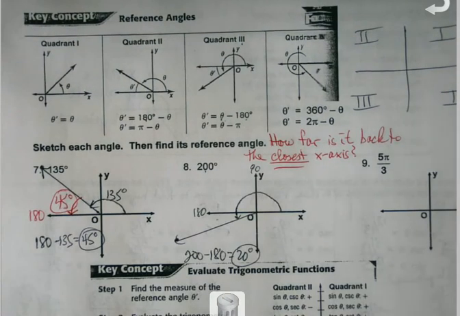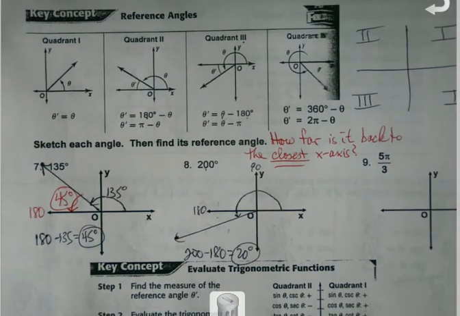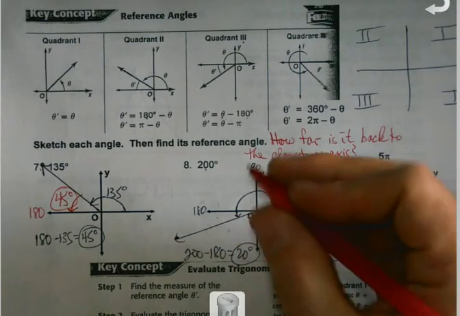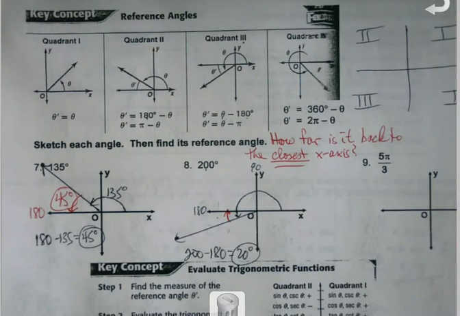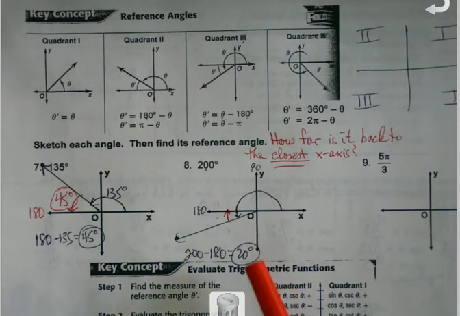And just as I get that extra 20 drawn in, I go, oh, so basically, I was being asked how far is it? One thing about reference angles, they will never be negative. Even if you are going a negative direction, it's not going to be negative. We're just saying what's the difference between the two. So I could do it visually, I could do it with a formula, doesn't really matter.